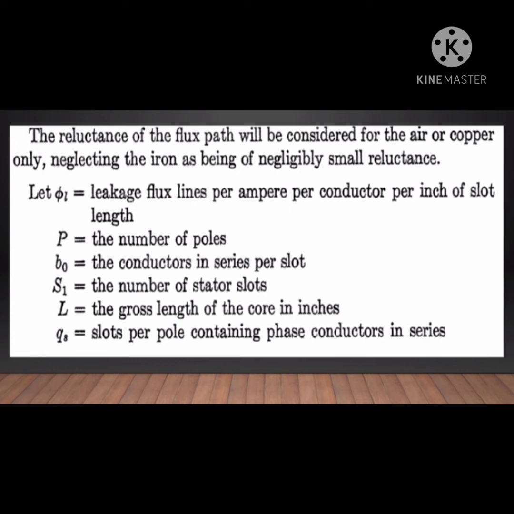And QS is the slots per pole containing phase conductor in series. So first, what do you mean by reluctance? So sabi dito, ang reluctance daw is the property of the magnetic circuit of opposing the passage of magnetic flux lines, equal to the ratio of the magnetomotive force to the magnetic flux.